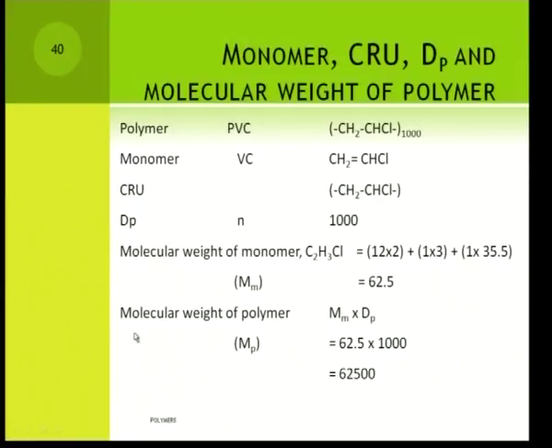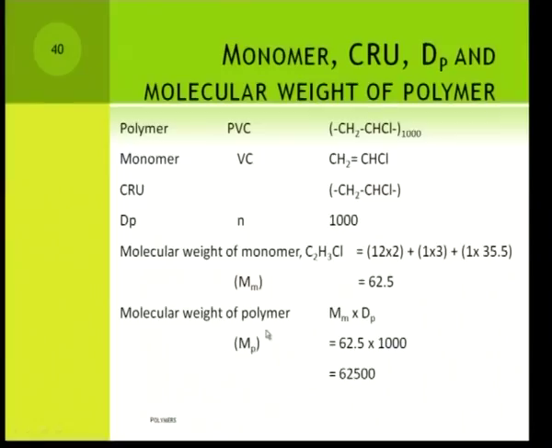When we similarly calculate the molecular weight of the polymer, the molecular weight of the monomer is known to us, calculated in the previous step, which is equal to 62.5. Now this number is multiplied by the n value, or the degree of polymerization value, which is nothing but the number of units present in the whole polymer chain.